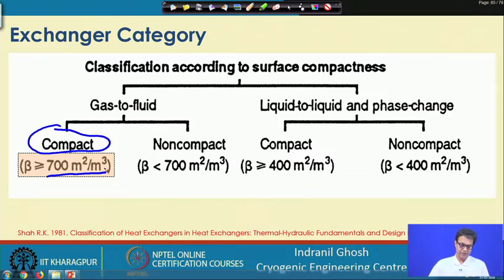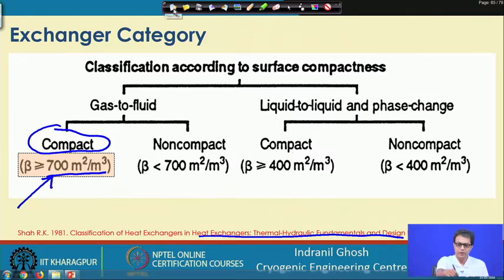This classification has been recommended by Professor Arkesha in his classification of heat exchangers in the book Heat Exchangers Thermohydraulic Fundamental and Design, edited by S. Kakac et al. So, we will be following this nomenclature of calling the heat exchanger compact if the compactness factor beta is more than 700 meter square per meter cube.